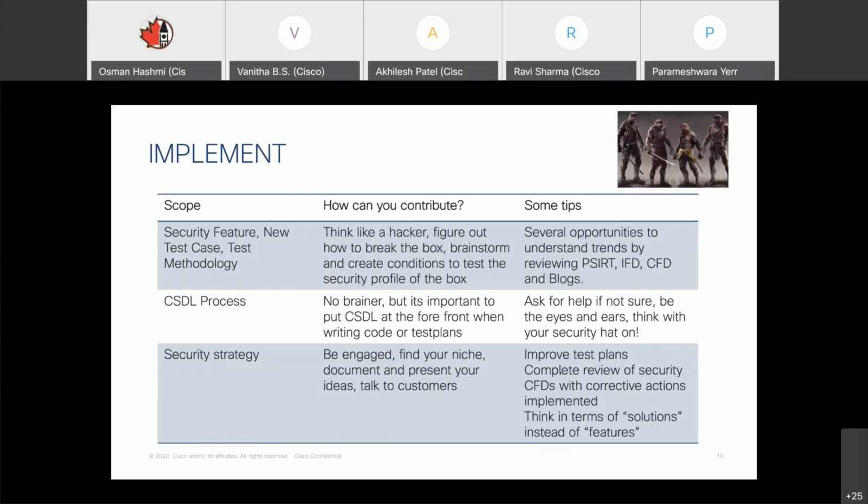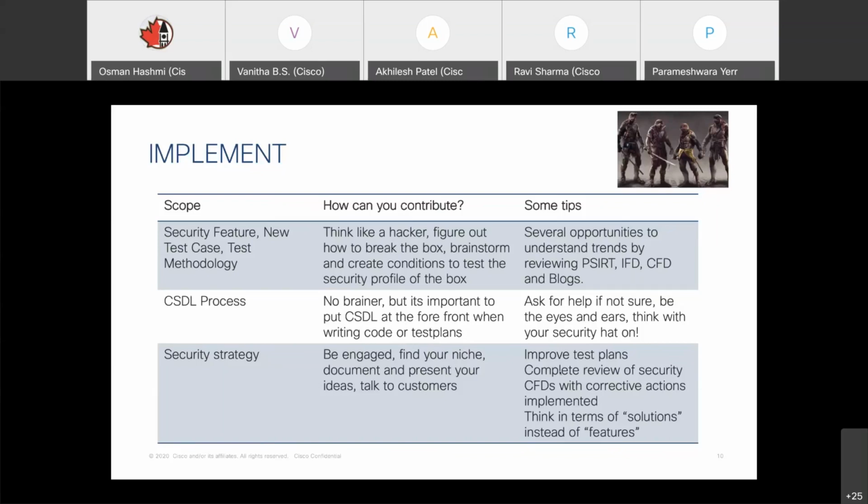So you're basically talking to your peers, and thereby you're improving, first of all, your security knowledge, but then you're improving your test plans, you're completing review of security CFPs, you're figuring out corrective actions, you're working actively to reduce the CIAM third-party vulnerabilities in the product, thereby improving the security posture of your product.